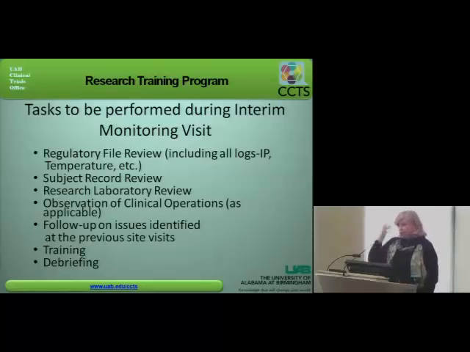If you're using a freezer, that freezer has stayed within the boundaries of the temperatures that they specified. They want to make sure that issues that were identified at previous visits have been addressed, and there's been teaching and follow-up and a plan for those things not to happen again. A lot of times the monitors will take the time to retrain you and your staff, and they'll want to have a debriefing with your PI and make sure that everybody's on the same page.